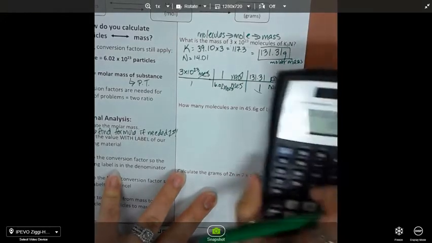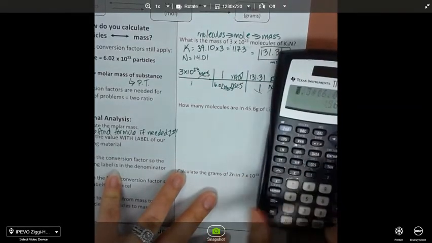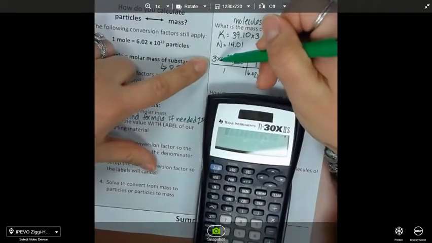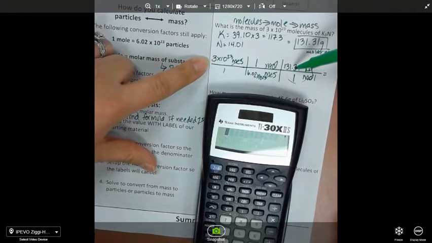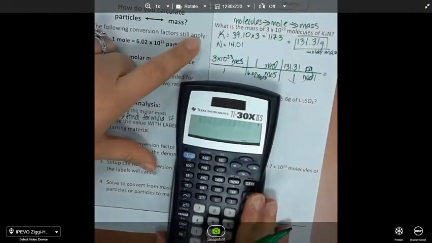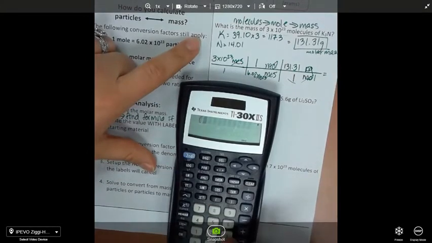Now we have to solve for the mass. In our calculator, we need to multiply 3 times 10 to the 23rd times 131.31, divided by 6.02 times 10 to the 23rd. Now watch how I do this in my calculator. You must use parentheses. 3 times 10 to the 23rd times 131.31.